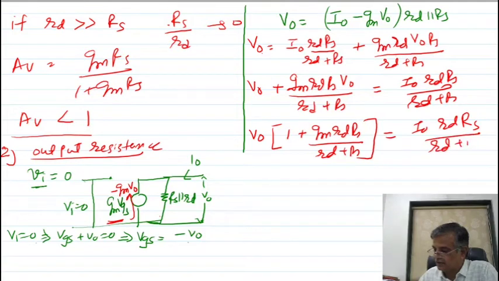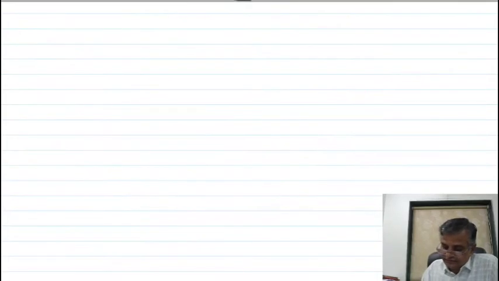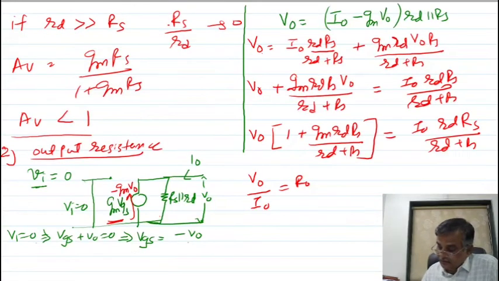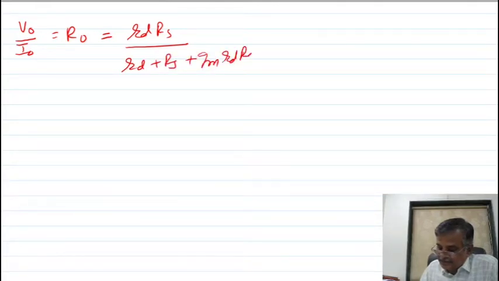upon rd plus Rs. So Vo upon Io is called output resistance. Let us write this value, Vo upon Io is output resistance. So you can see here rd Rs upon rd plus Rs plus gm rd Rs.